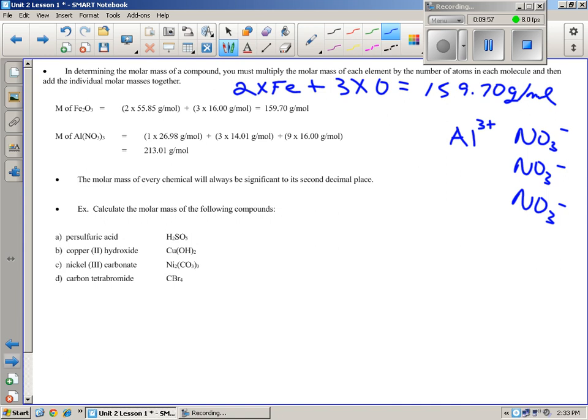How many nitrogens do I have? I got 3. How many oxygens do you have there? You actually have 9, yes? So don't forget, it is 1 times aluminum and 3 times nitrogen and 9 times oxygen, of course. Okay? So that works out to be 213.01, it says here.